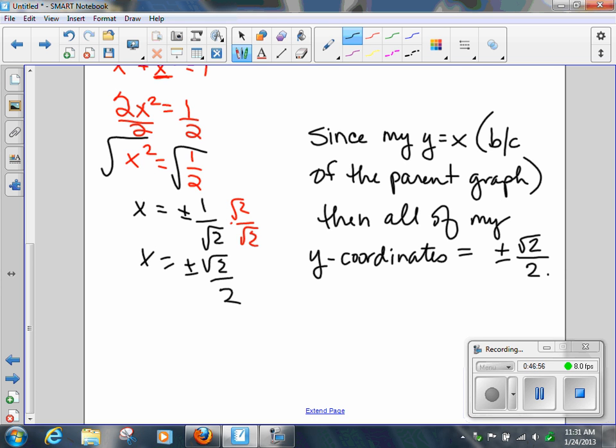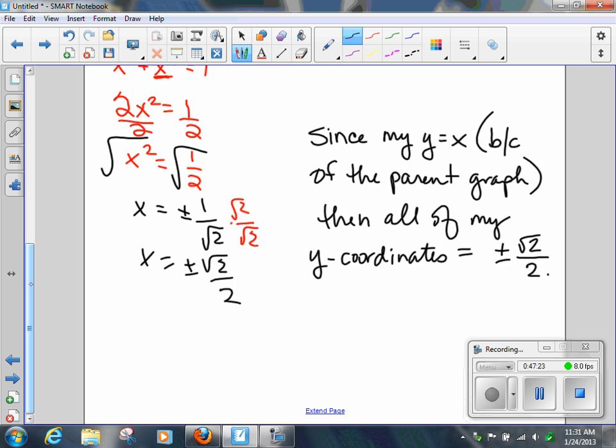Write that down. This is part of our proof without being a proof. Since my y equals x, because of that parent graph, then all of my y coordinates for these terminal points will also be root 2 over 2. These are the second easiest terminal points to know because they're the same. Okay?